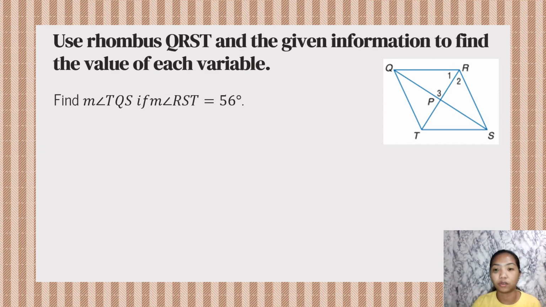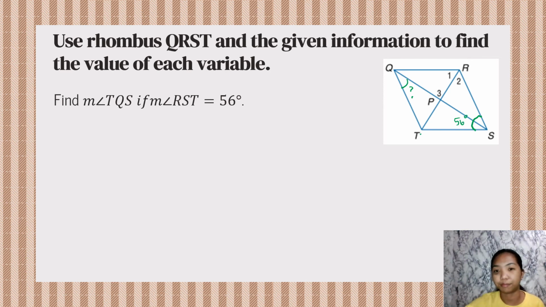Next, I have here rhombus QRST again. We will find the measure of TQS. For this one, you put a label in order to know. If the measure of RST is equal to 56, so this RST is equal to 56 degrees.